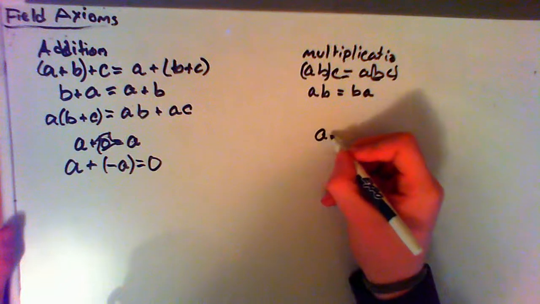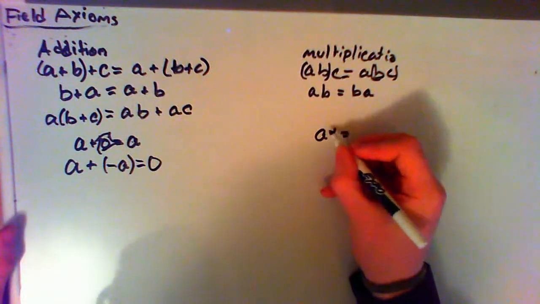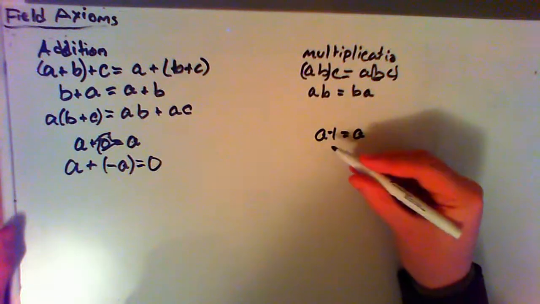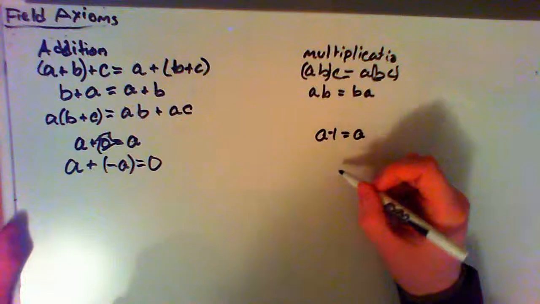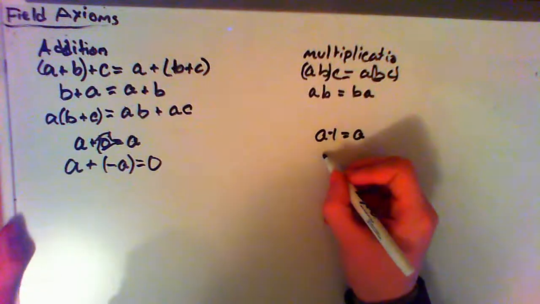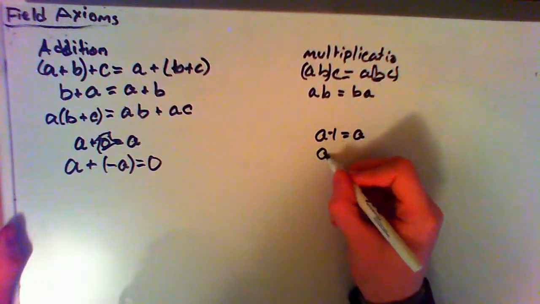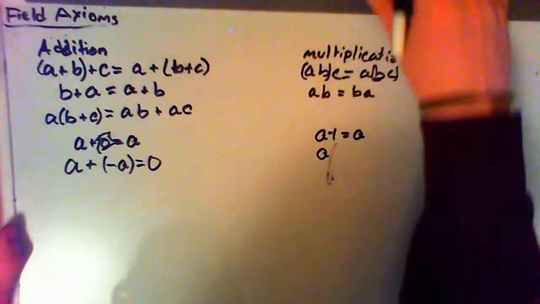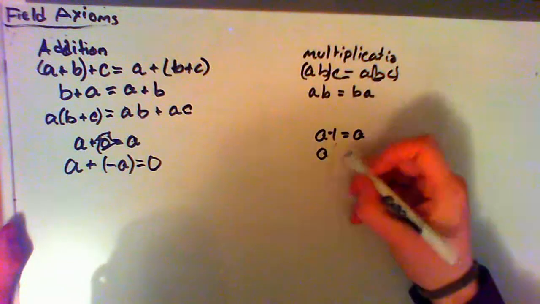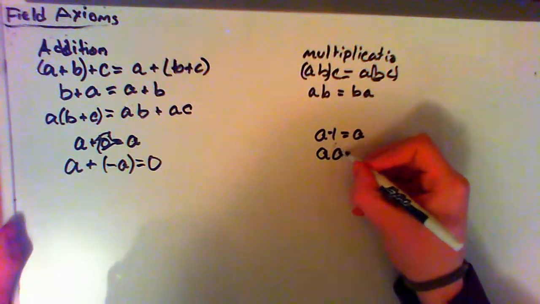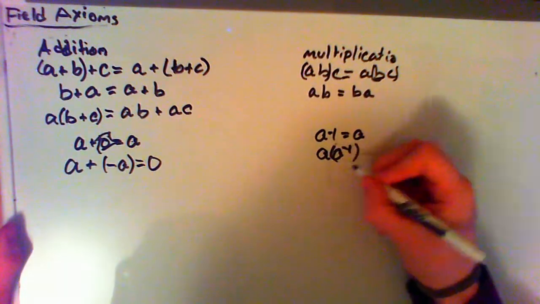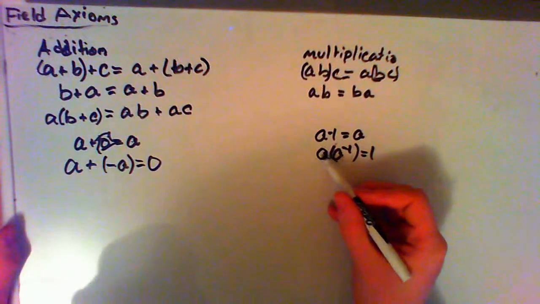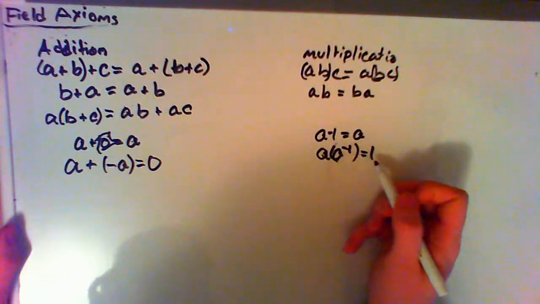A times 1 equals A. This is the identity for multiplication. And right over here we have A plus, I'm thinking about inverse for addition, shouldn't be doing that. A number times this number will give you the identity.